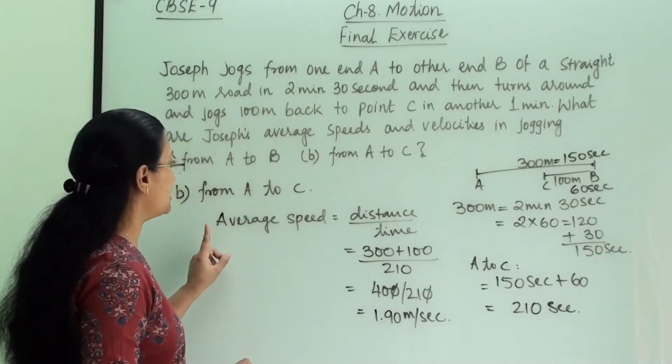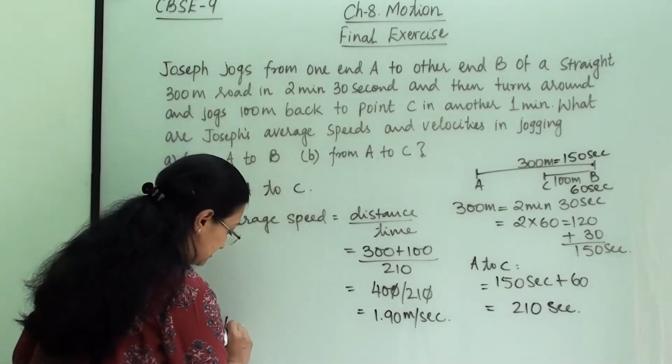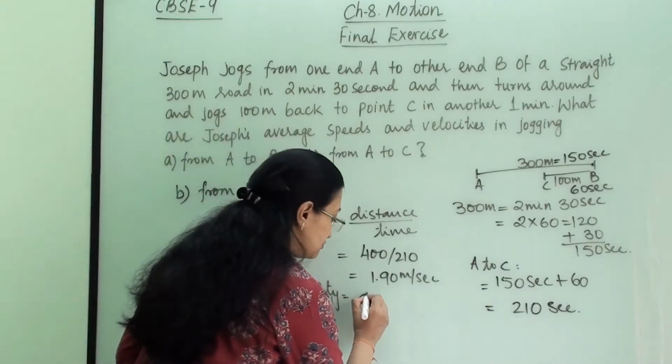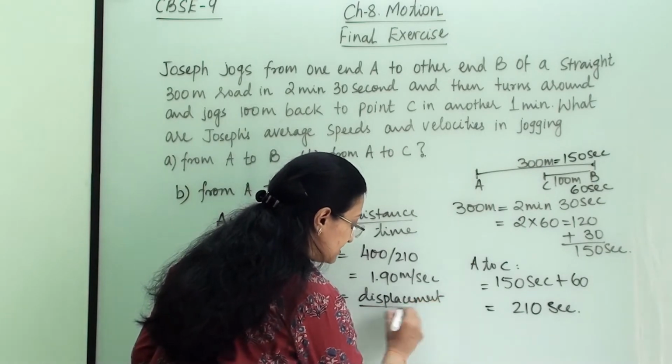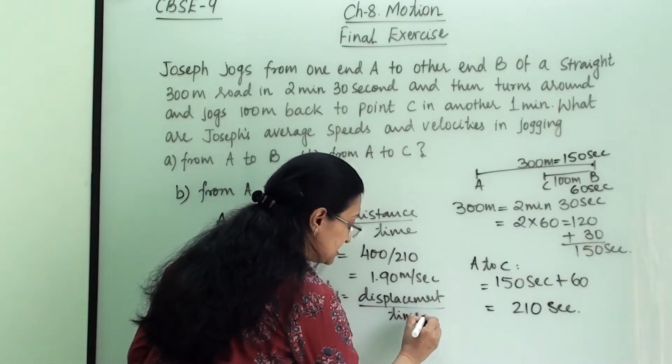Now we have to find out the average velocity. Average velocity equals displacement divided by time. So here we have to see how much is the displacement.